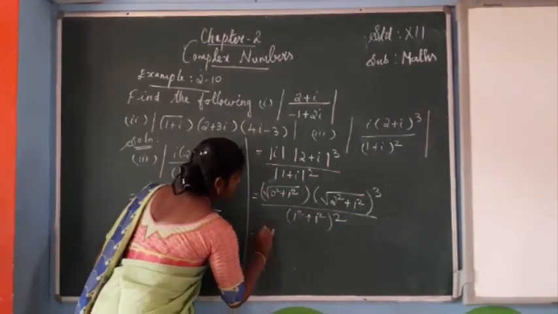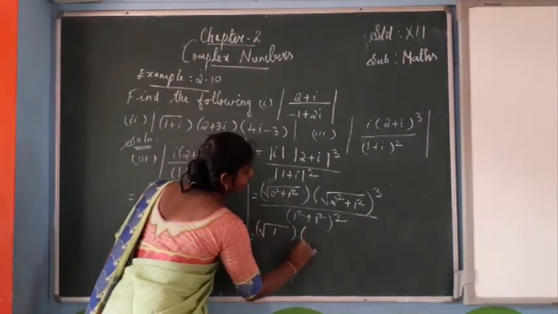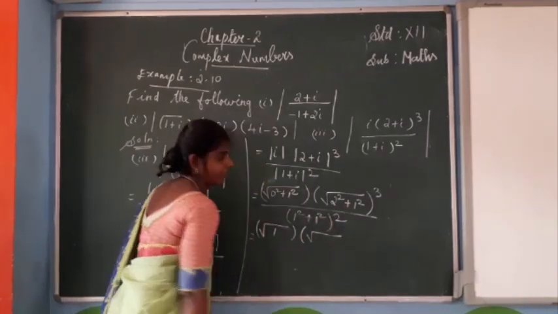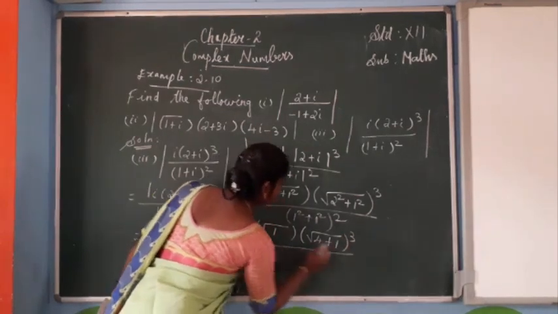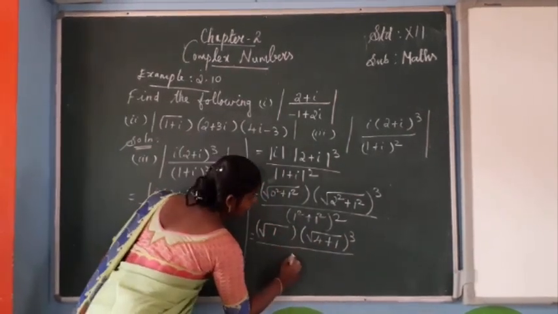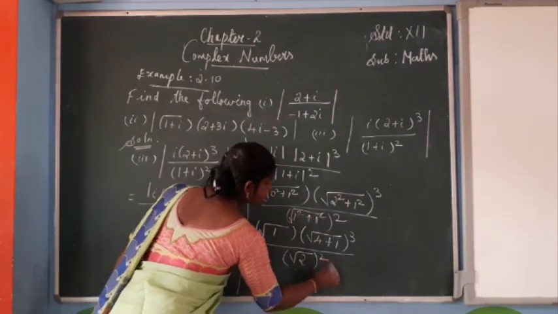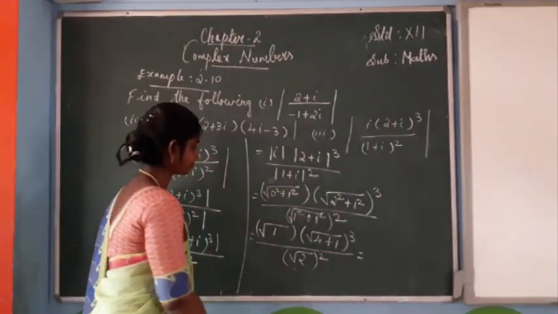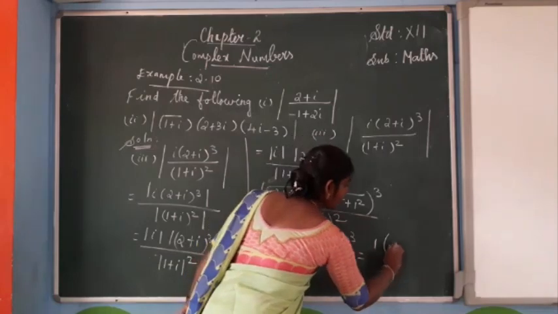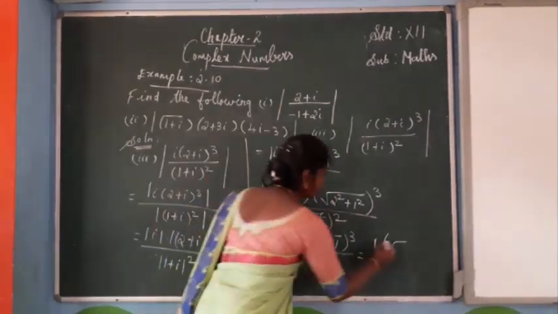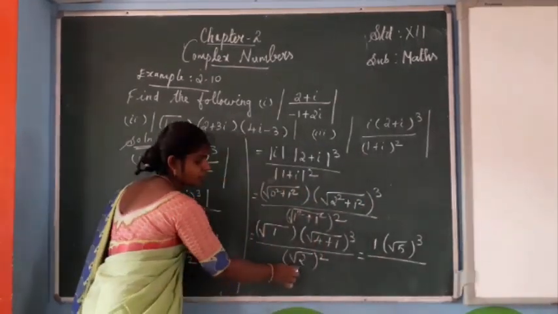That's equal to root of 1 square, value 1, into root of 2 square, value 4, plus 1, the whole cube, divided by root of 1 plus 1, that is root of 2, the whole square.